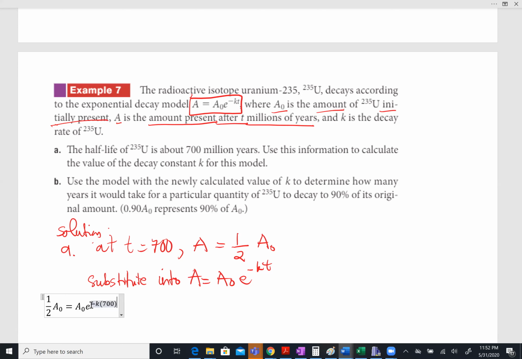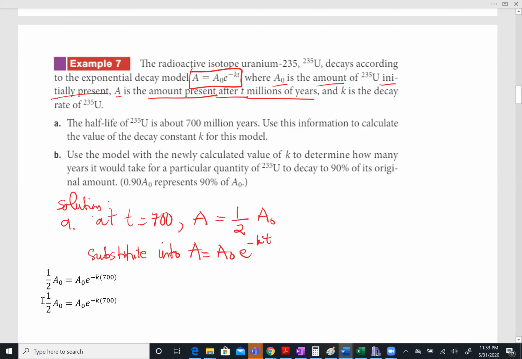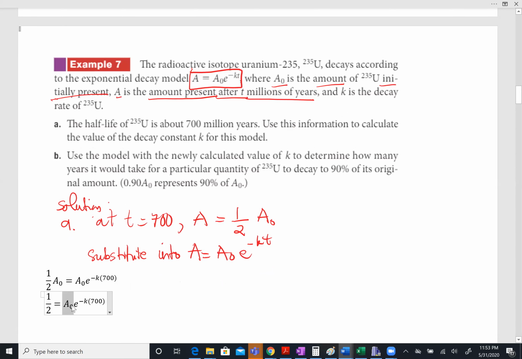So now time to do the calculation for this. I'm going to divide both sides by A0, so I cancel A0 on both sides.